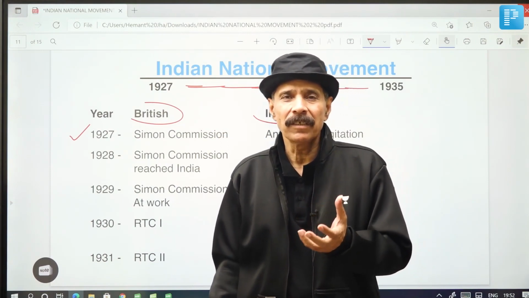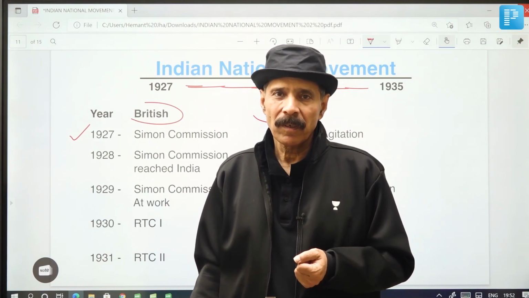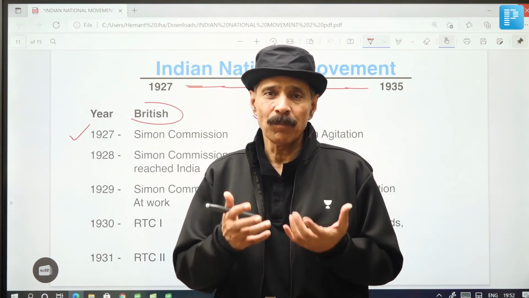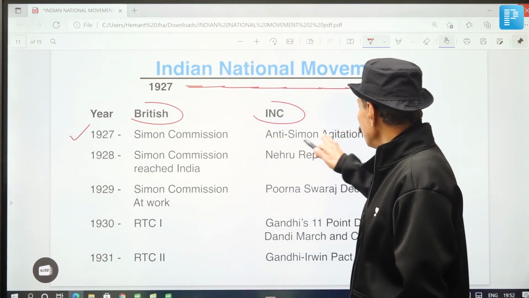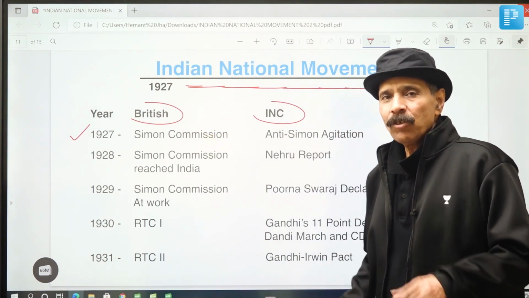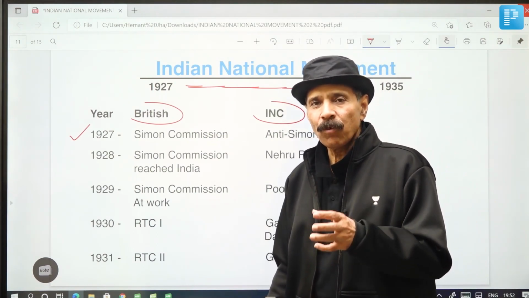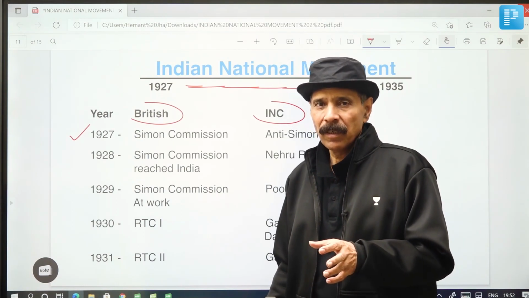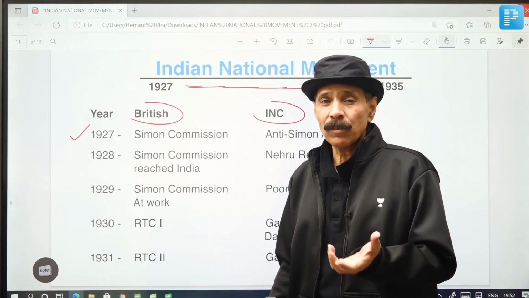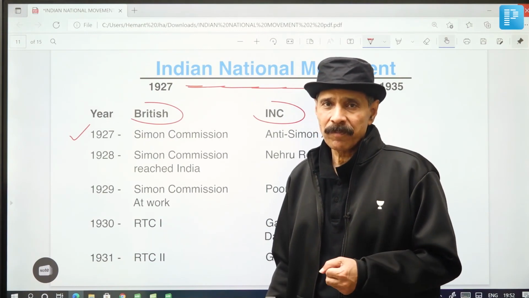This caused great dissatisfaction among the nationalist leadership. They protested against this and they launched a movement, what is known as anti-Simon agitation in 1927. The idea of the nationalist leadership was that the constitutional reform in India would be better appreciated by Indians, not the British. So there must be Indian members in the commission, but there was none.